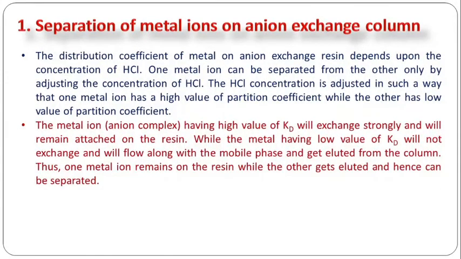The metal ions, that is the anionic complexes, having a high value of distribution coefficient will exchange strongly and will remain attached to the resin, while the metal having a low value of distribution coefficient will not exchange and will flow along with the mobile phase and get eluted from the column. Thus, one metal ion remains on the resin while the other gets eluted, and hence they can be separated.